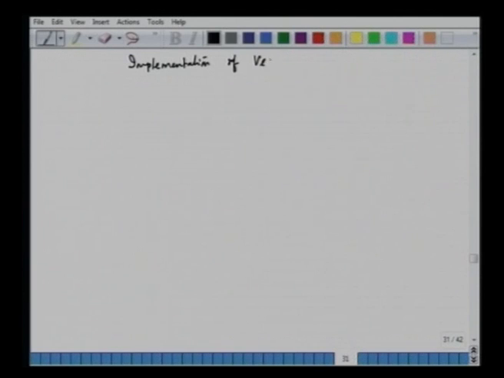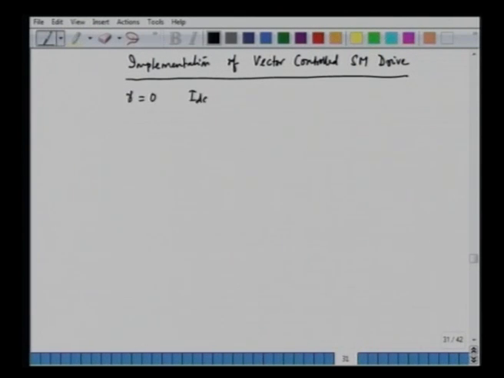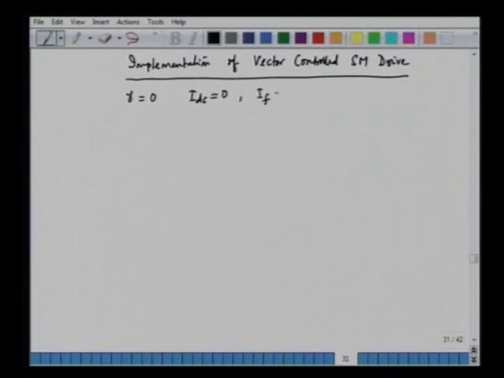Here gamma is equal to 0, which means IDS is equal to 0, and we can keep IF constant and IQS is variable.